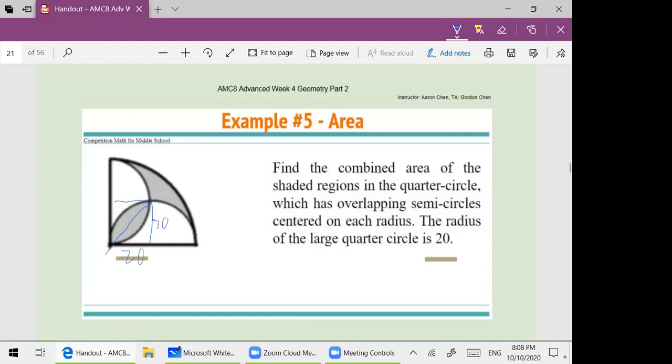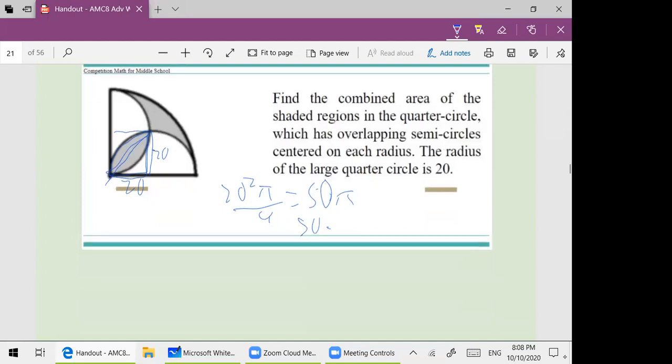So this is 20. So this quarter circle has area 20 squared pi over 4 equals 100 pi. And this triangle has area 20 times 20 over 2 equals 200.